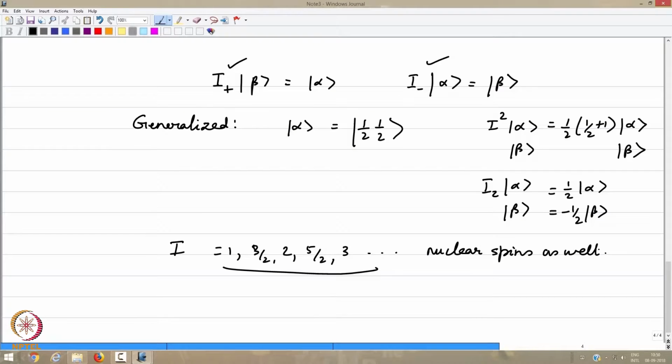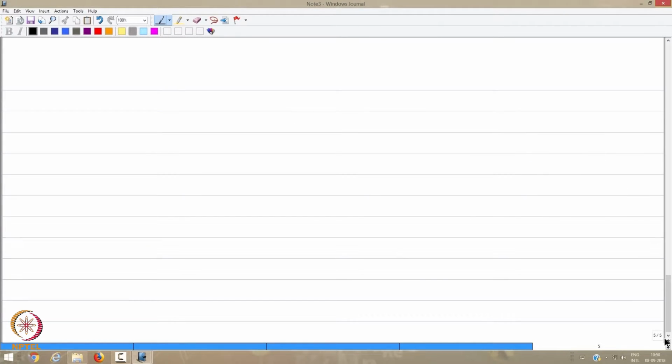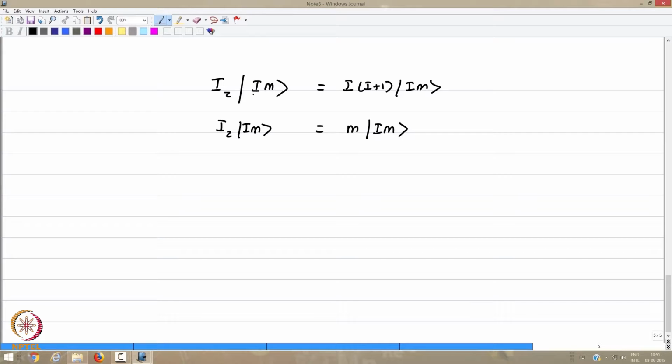The properties of the angular momentum are all the same and they are generalized by the following relations, namely I squared on the spin state Im, where the two quantum numbers are given as I and m, is I into I plus 1 times Im, and Iz on Im is given as m times Im, and the number of states Im for any given I is 2I plus 1.